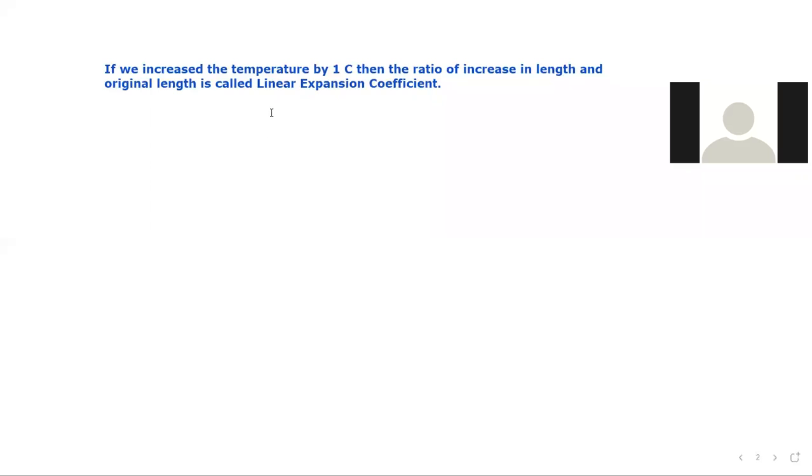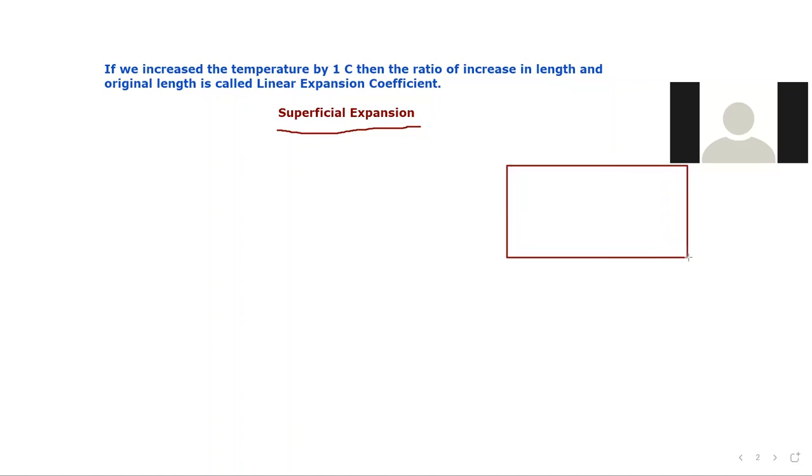Next heading is superficial expansion. Now try to understand. If we increase the temperature, suppose this is a rectangular object.